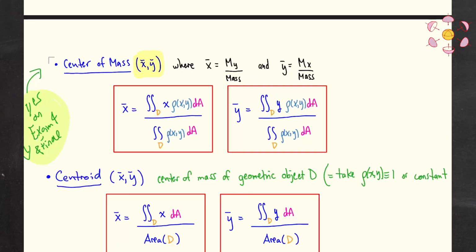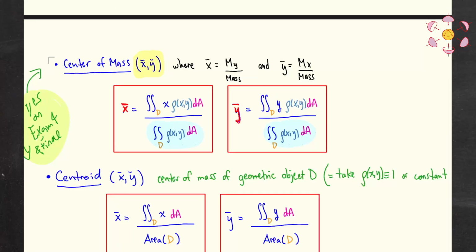I want to just highlight that if we do x bar, again, x bar is just common notation for average, and it turns out that these are essentially just continuous averages, but that's more of a statistics point of view. But anyways, looking at the denominator of each of these, we see that these are just the total mass.